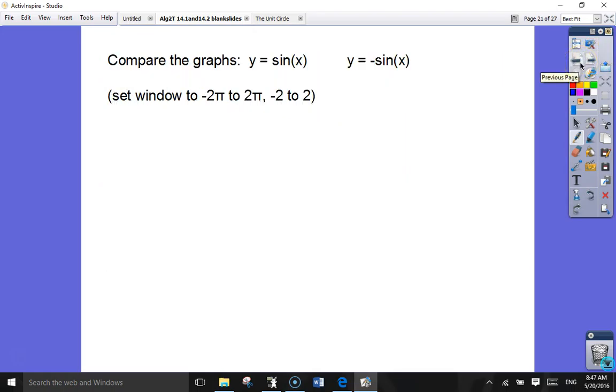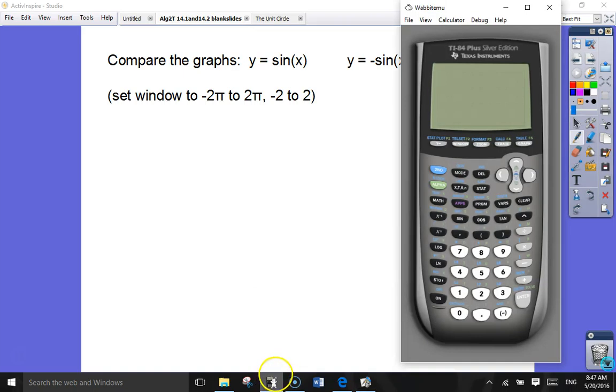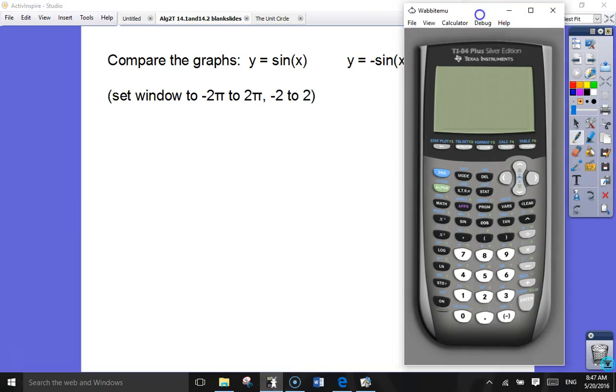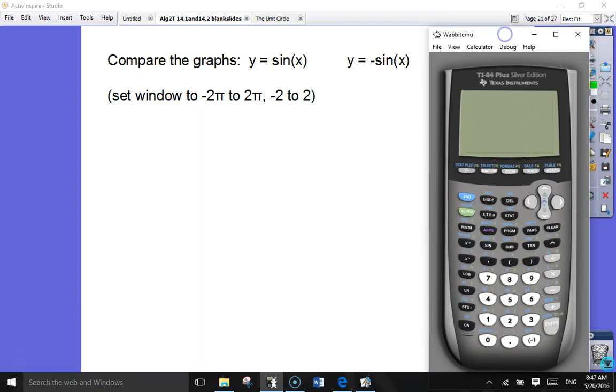Okay, so compare the graphs of y equals sine x and y equals negative sine x. Because you don't have your calculators, I'll do it here. What do you expect is going to be the difference between y equals sine x and y equals negative sine x? What does the negative do to the graph? It's going to flip it.